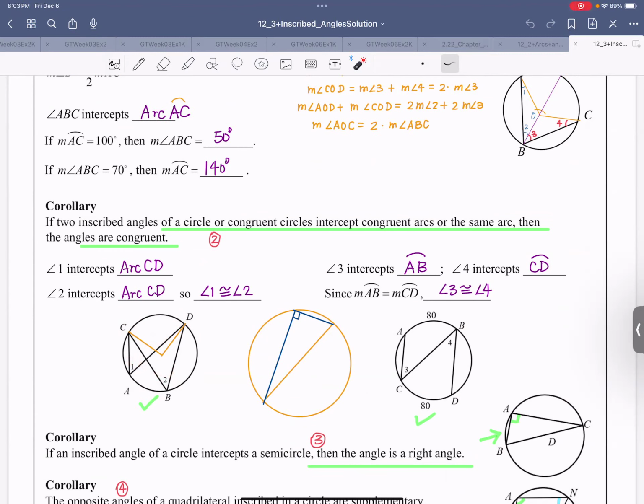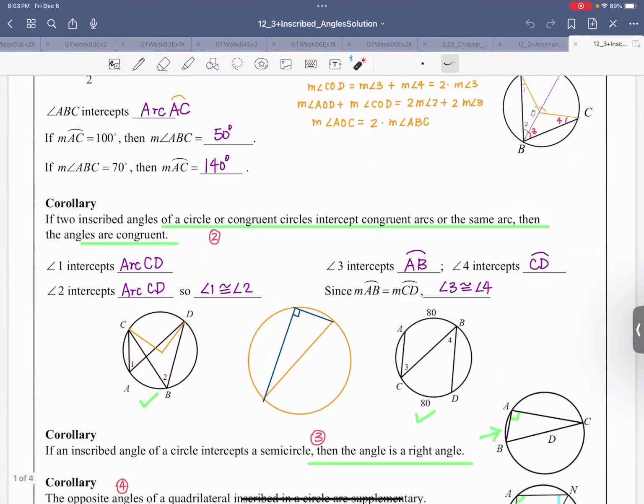Yes. This is a really important thing. If you have an arc, you can draw here, here, or even here. No matter where you draw it, as long as it corresponds to the same arc CD, that inscribed angle is identical. This equals this equals this. All of them are equal. Make sense?